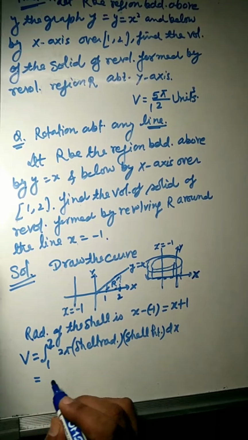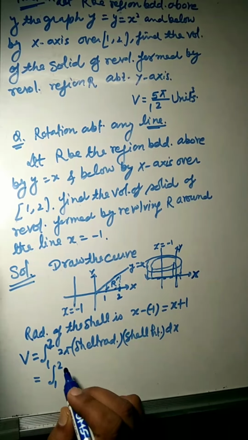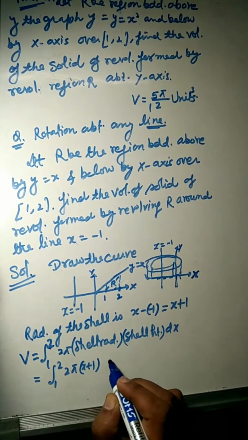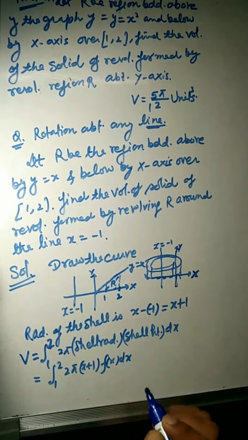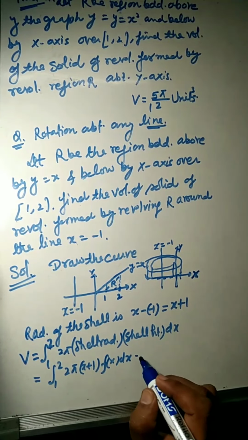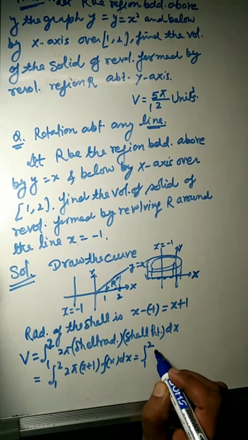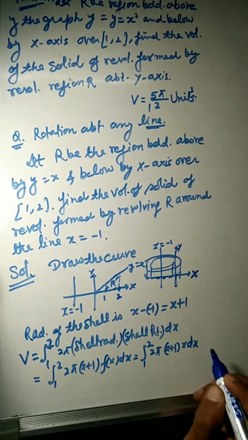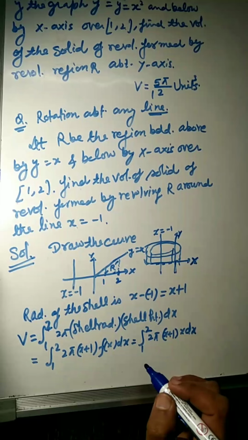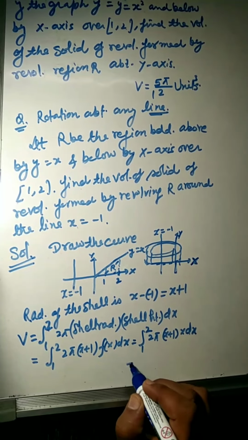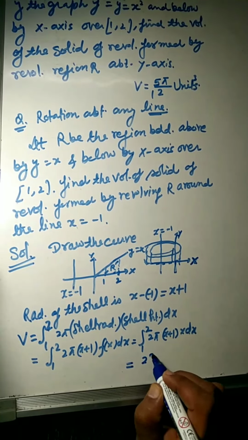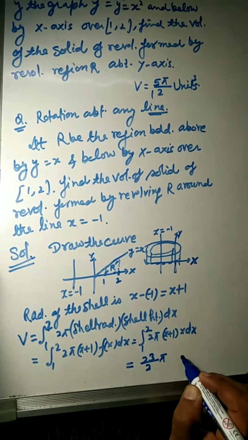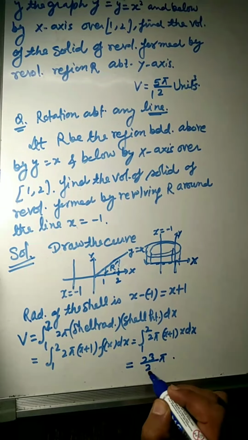After putting all the values, this is integral from 1 to 2 of 2 pi (x plus 1) f(x) dx. f(x) is x, so this is integral from 1 to 2 of 2 pi (x plus 1) x dx. After simplification and taking limits, we will obtain 23/2 pi units cube. This will be the volume.